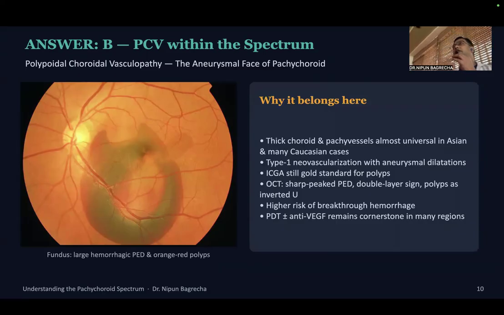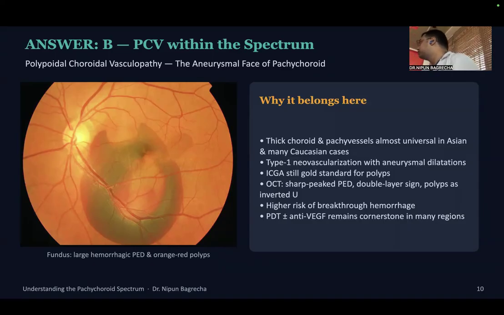When we see such a hemorrhage, more than 4 disc diameters, we give a loading dose of anti-VEGF, preferably aflibercept, and if it does not resolve, then we take up the patient for surgery. Because the longer the blood is there, it causes harm to the photoreceptors. It causes photoreceptor ischemia.